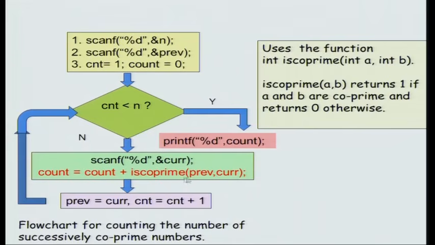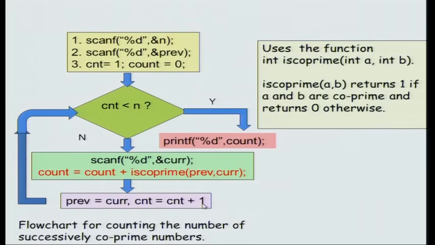You give is co-prime current; it will return 1 if they are co-prime, so that will get added to the count. If they are not co-prime, it will return 0, so count will remain as it is. Once you do that, you say previous equal to current.